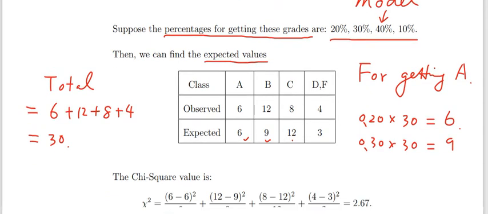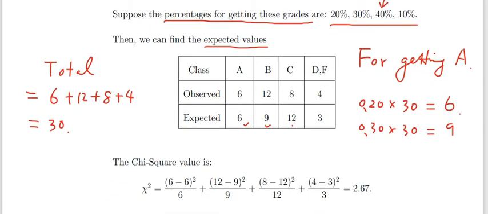So we can find the chi-square value, with the same formula. The chi-square value is the summation of observed value minus expected value, squared, over expected value. The chi-square value formula is the same. For this very small data, like a one-way table, we can do the calculations by Excel, by hand, or even by calculator.